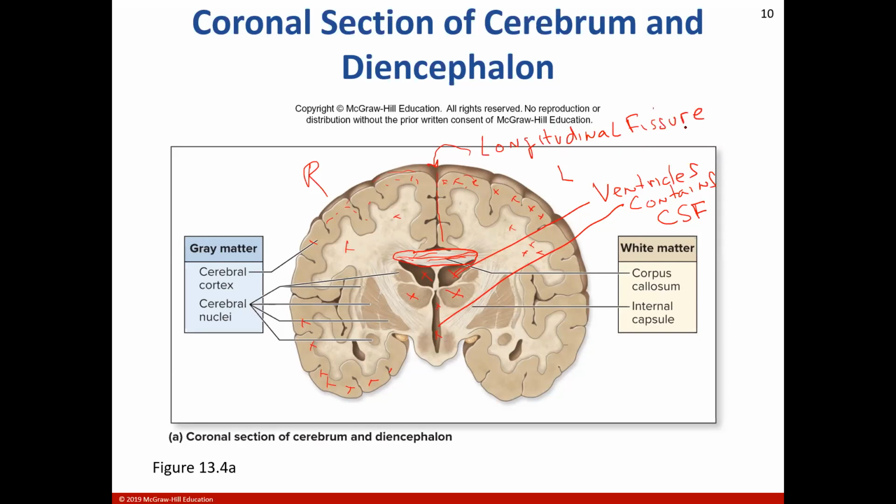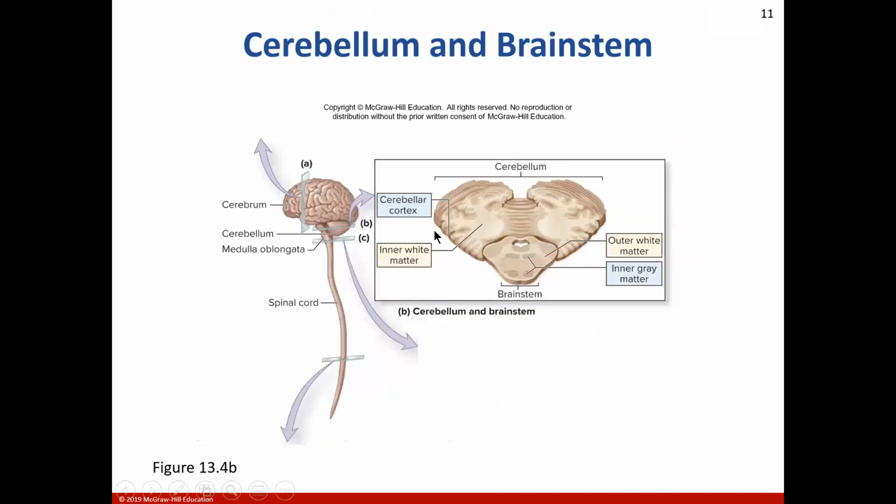Very nice. So you'll see that, and that just in words is the space that separates the two hemispheres, but the corpus callosum connects them. So just get a good idea of what this looks like and get used to the terms. That's what this is about today.